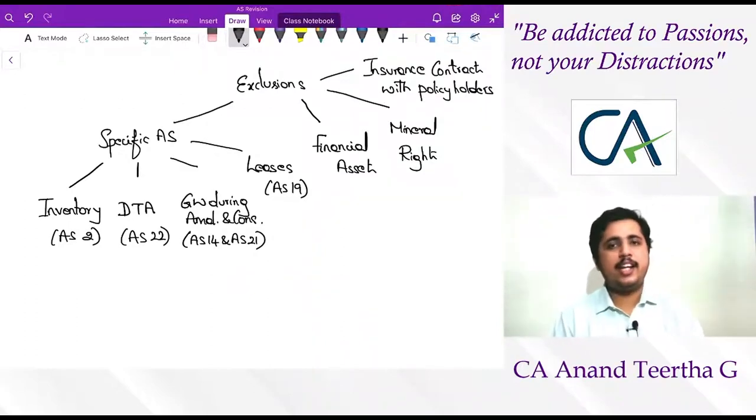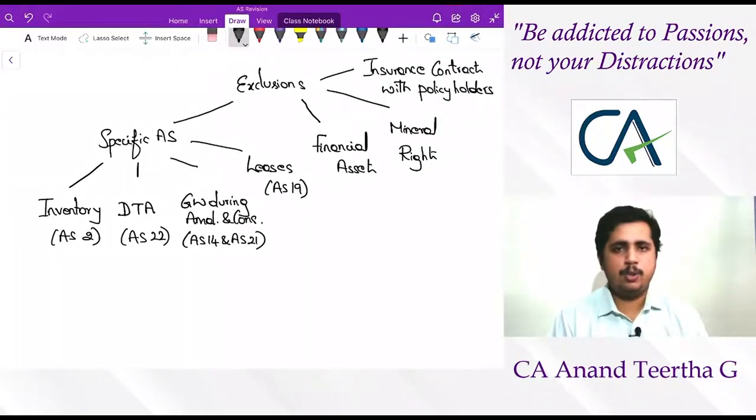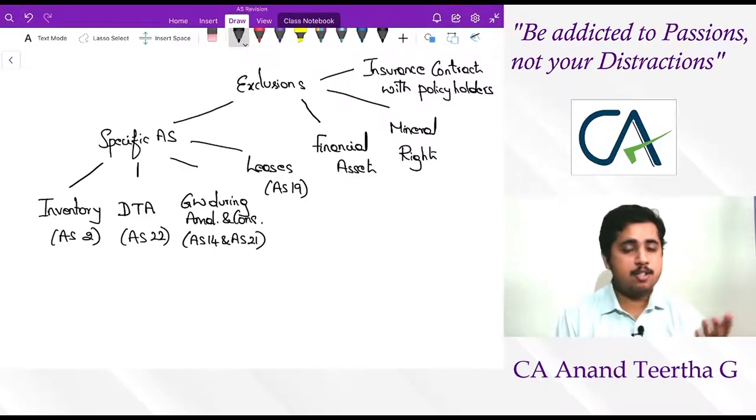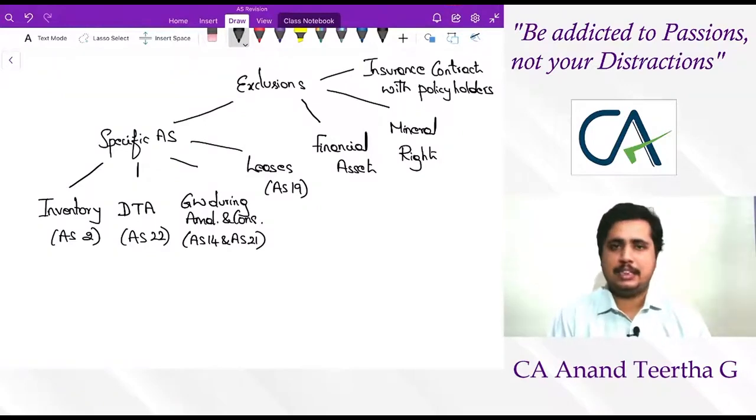If there are any insurance contracts with the policyholders, made by the insurance company, that is not covered. Every other thing is covered. Say patents, goodwill, software, those things are covered here. But only those contracts with the policyholders are not covered by the purview of AS 26. So these are the exclusions from the standard.